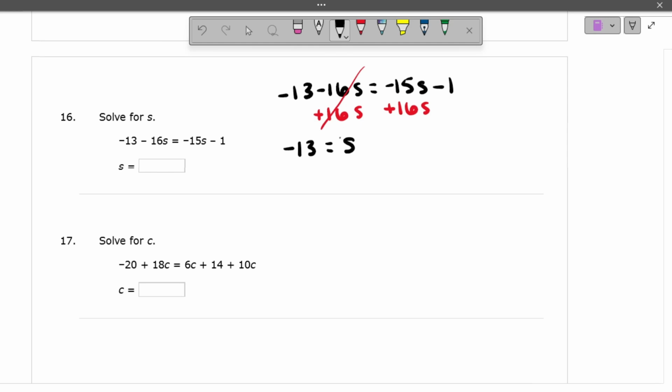And remember, there's always a little invisible 1 in front of our variables, minus 1. And then we are going to add 1 to both sides. We'll end up getting negative 12 is equal to s, which means s is equal to negative 12.